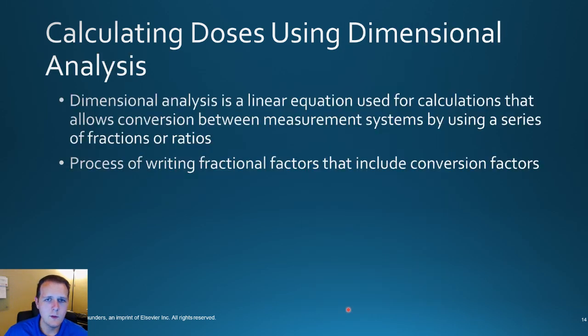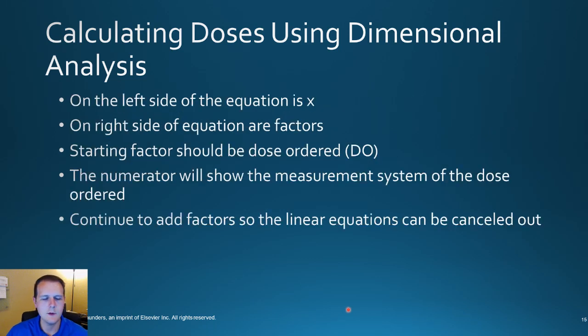One last way you could do it is what we call dimensional analysis, and basically it's setting it up as a kind of linear equation for the calculations that allows for conversion between measurement systems, with a series of fractions or series of ratios. And again, this is a process of writing out fractional factors that include all the conversions that we need to do. Sounds a little confusing, but I'll show you what that means.